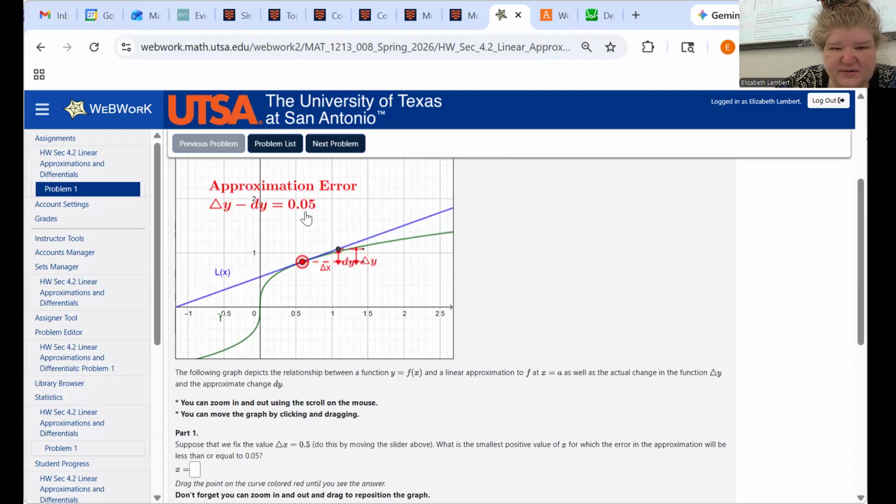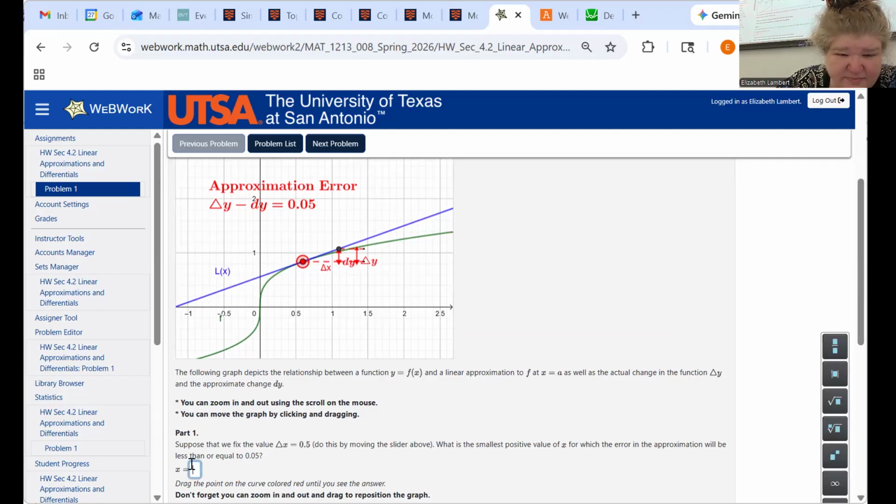until we hit an approximation error of 0.05. And this appears to be at 0.6.